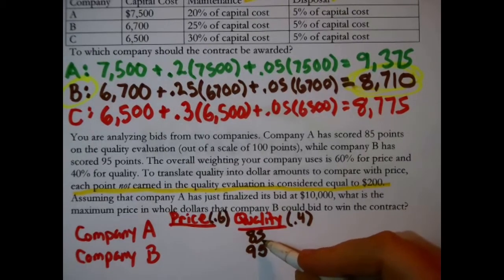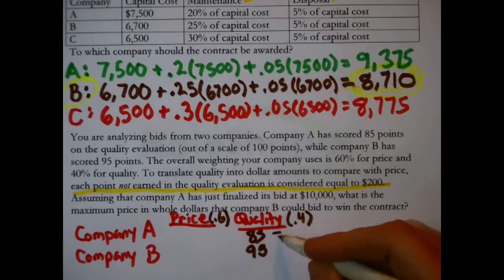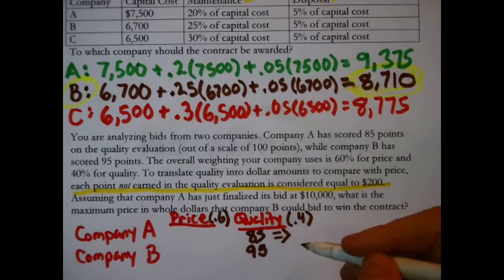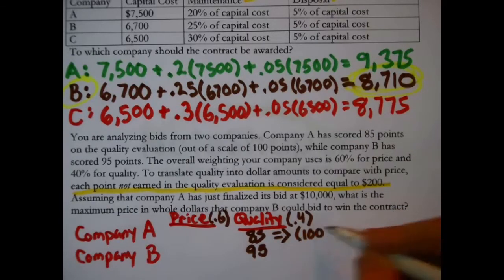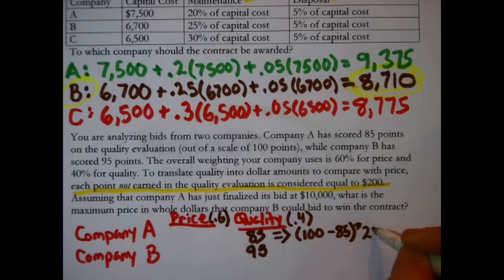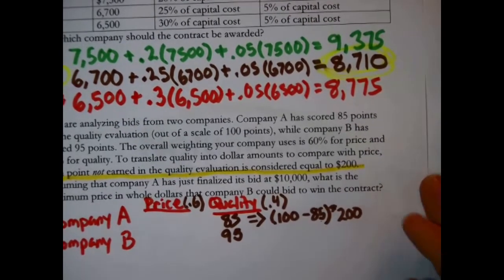This is the score, but if you want to translate this into a dollar amount that reflects a cost, you want to basically reverse it. Each point not earned, that'd be 100 minus 85. It's like a penalty of $200 in essence. Okay, that's like 3,000.